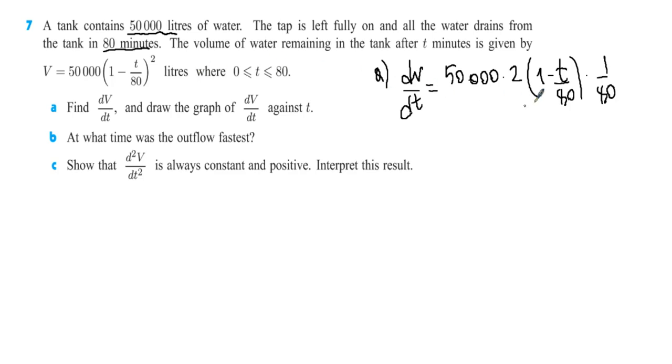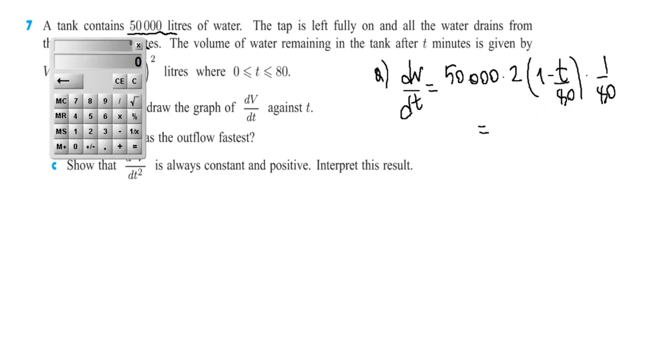We had a quadratic, and its derivative will be a line. If we simplify the numbers, 50,000 divided by 40, it comes to minus 1,250 times 1 minus t by 80. Oh, I forgot about the negativity again.